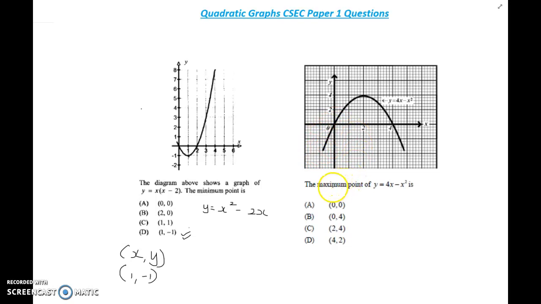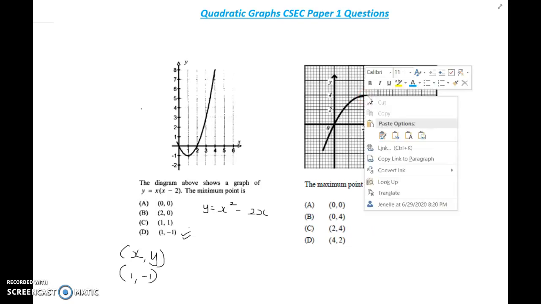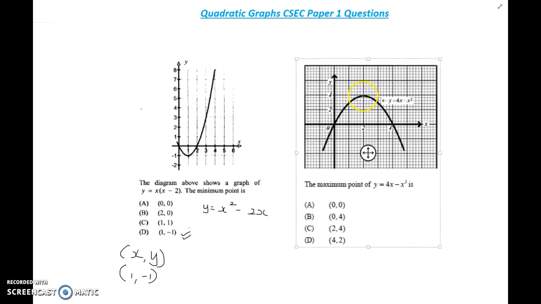So for the maximum point, the top piece here, the maximum point of the curve, let's just draw that in a little dot right here. My x value is, if you come down, this is the point here, it comes down to 2. And if you go across, the y value is 4.